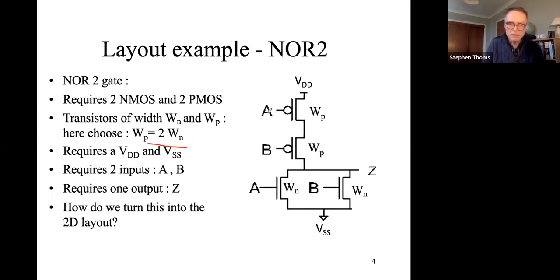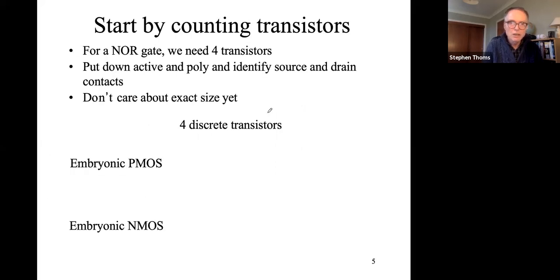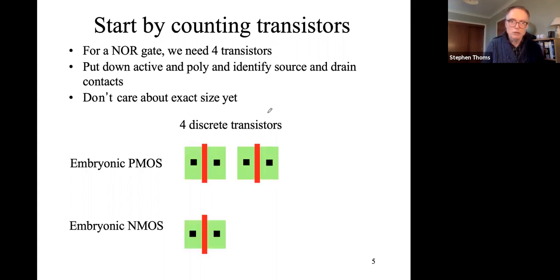What we need to think about is how we turn this into an actual physical layout on the silicon. So let's begin by counting how many transistors we need. And that's relatively easy. We need 4 transistors. And so what we're going to do is put some embryonic transistors there.